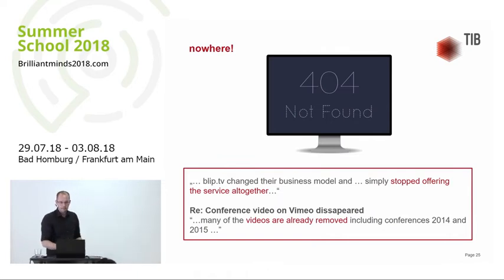We've now been working for almost 2 years to get these videos back online, and it's very, very difficult, because how do you contact all the people that attended this conference, who has the videos, and so on. The same is true for Vimeo. This is an email from 2016, and the conference recordings from 2014 and 15 were already offline. That is a big problem.